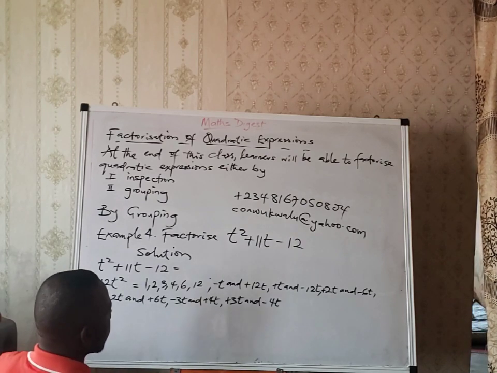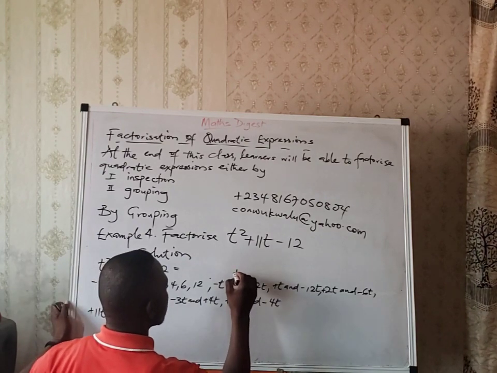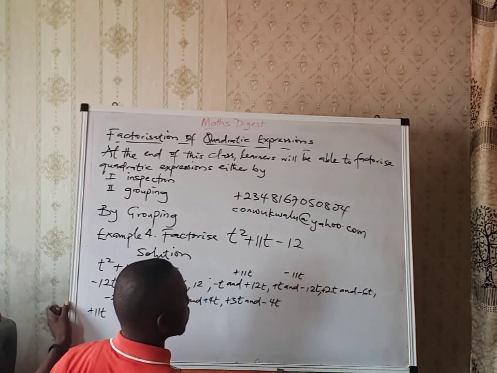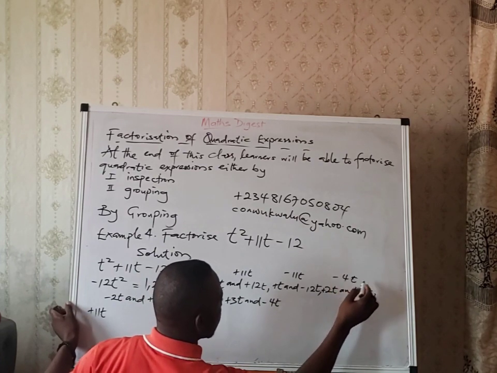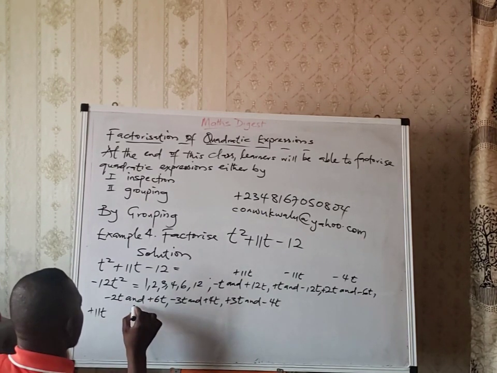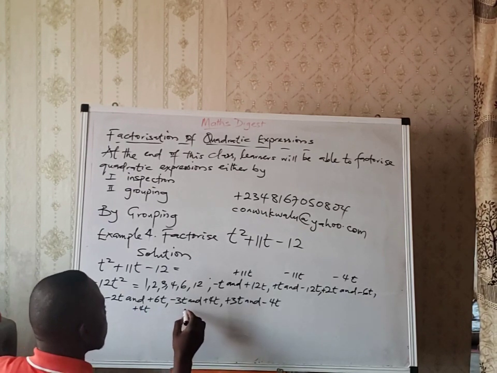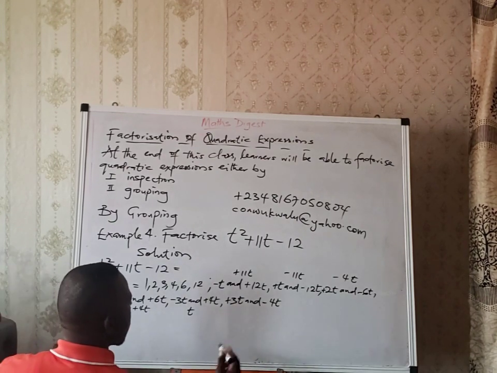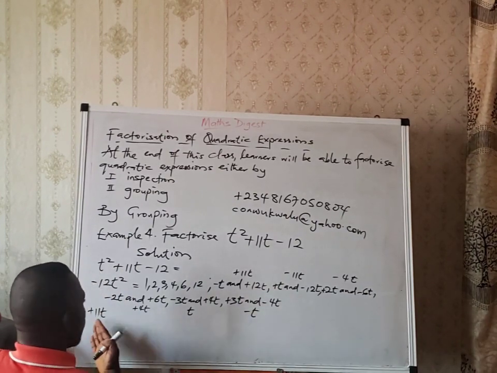So this plus this will give us plus 11t, this plus this will give us minus 11t, this plus this can give us minus 4t, and this plus this will give us plus 4t. This plus this will give us t, that's one t, and this plus this can equally give us minus t. Now look at all of this. We check the one that will satisfy this.